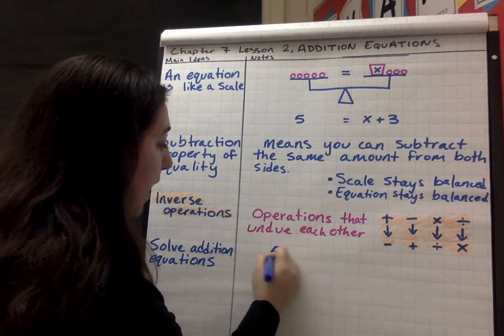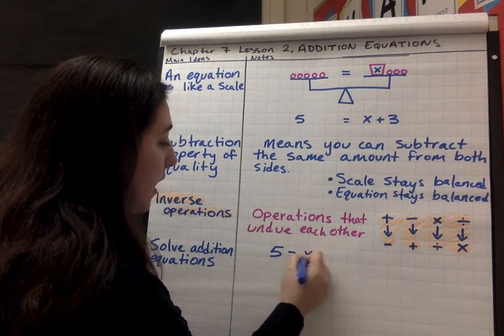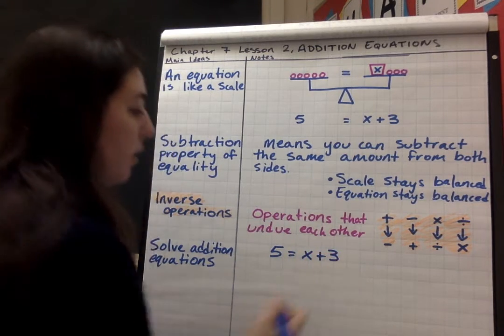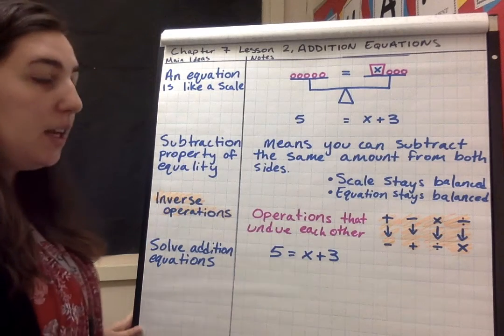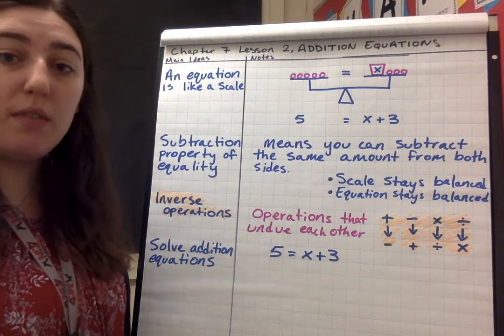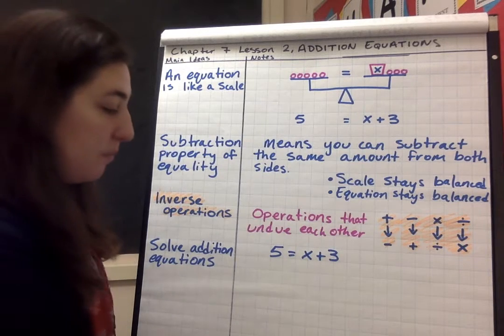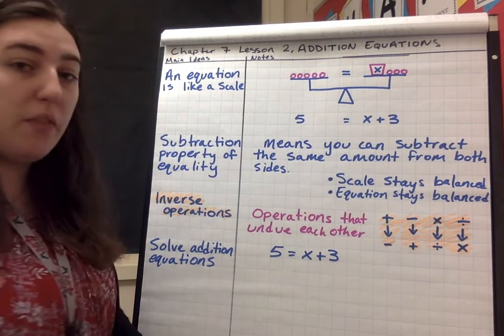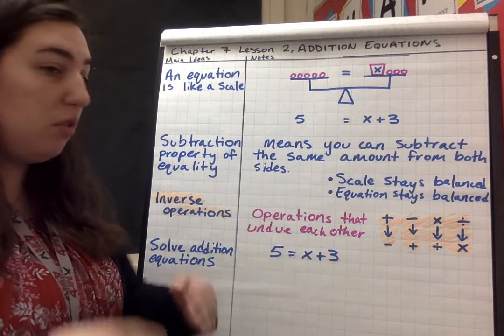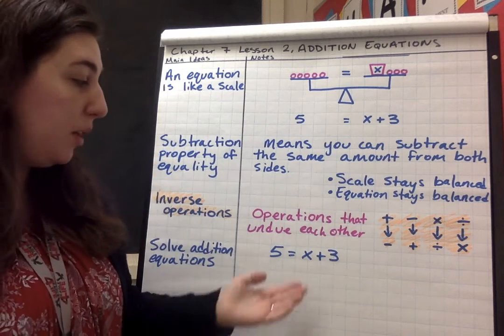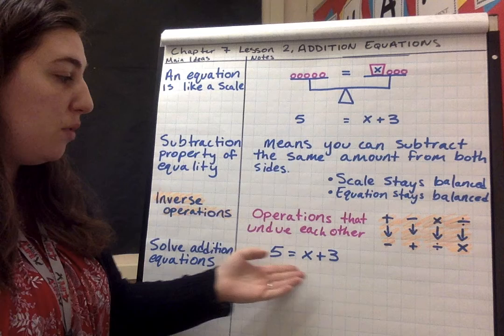So we had 5 equals x plus 3. Okay, and again, you can probably think of this in your head. You probably know what x is, and that's okay. You can think of it mentally, right? You know it needs to be balanced, so you probably know what x is to keep the equation balanced.